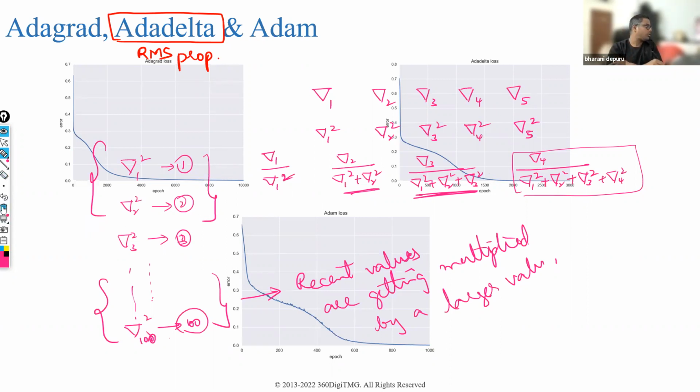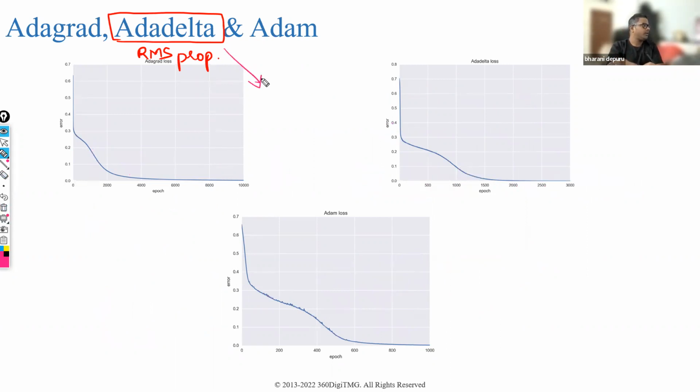Here also, initially to get started, the learning rate value is chosen at, in most cases, 0.01, and then leave it to the algorithm to adapt, to adjust. And as opposed to AdaGrad, which took 8,000 epochs to reach the minimum error, here AdaDelta is reaching the same minimum in 2,000 epochs.